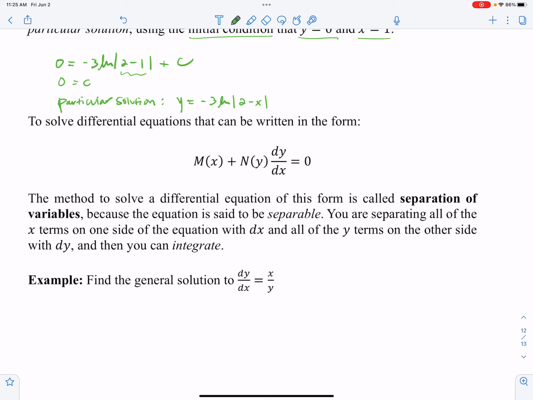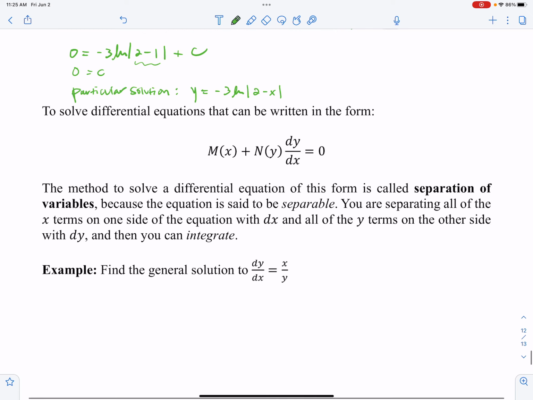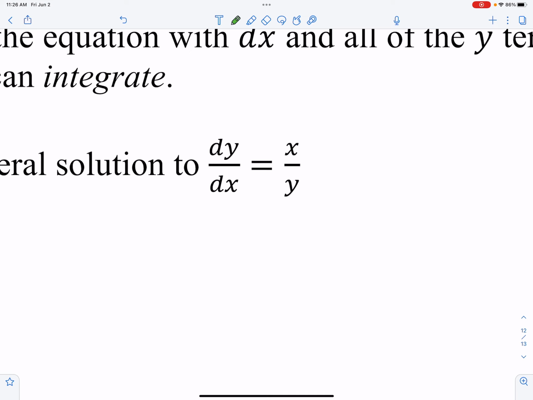When you are using separation of variables, it means that you're getting all of the y terms on one side of the equation with dy and all the x terms on the other side of the equation with dx. And then you can integrate in order to solve. So this equation is dy over dx equals x over y. Since it's dy over dx equals a rule that's in terms of x and y, we cannot just integrate x over y with respect to x.